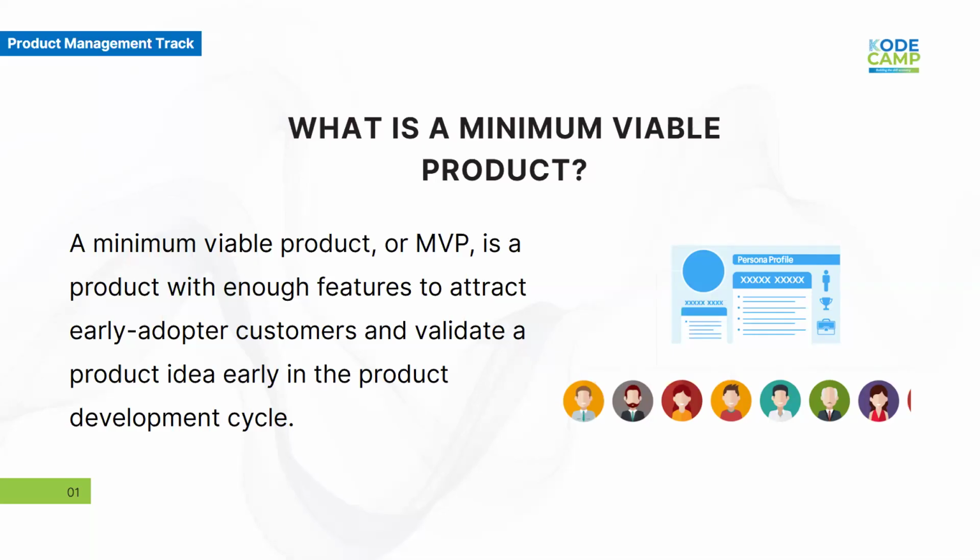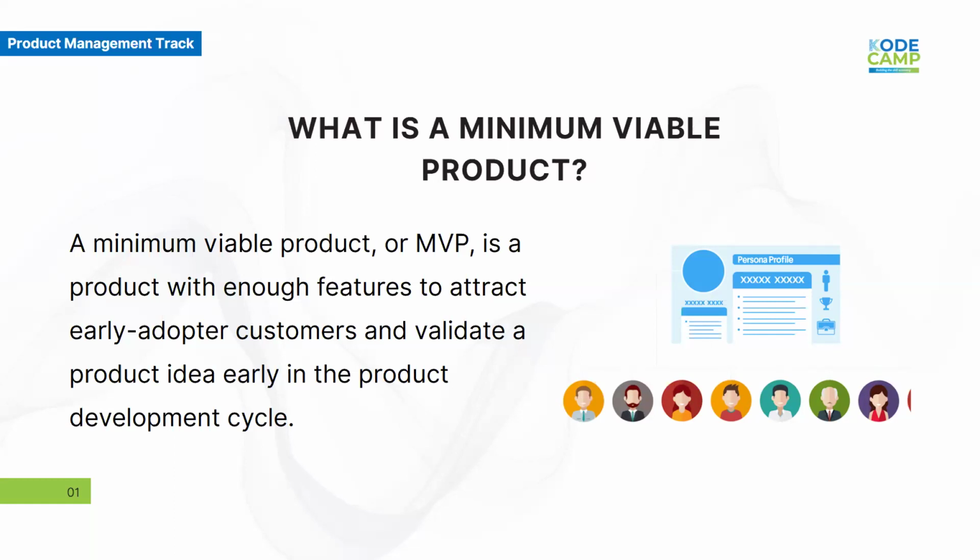Let me repeat that because I want this to really sink in. The MVP now is not about building the smallest products just for the sake of smallness. It's more about building the version of your product that gives you the maximum amount of information to learn about your customers while also requiring the minimum effort.